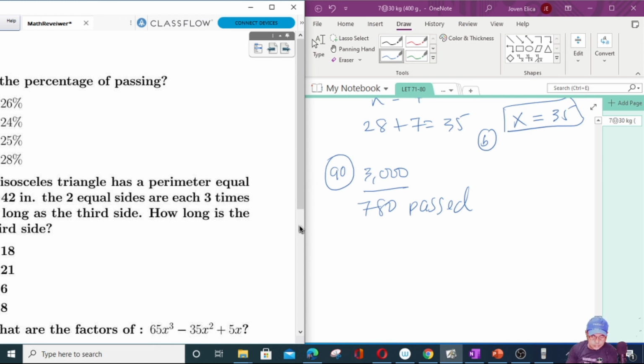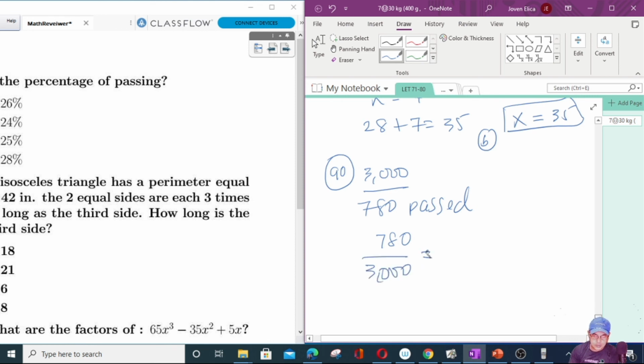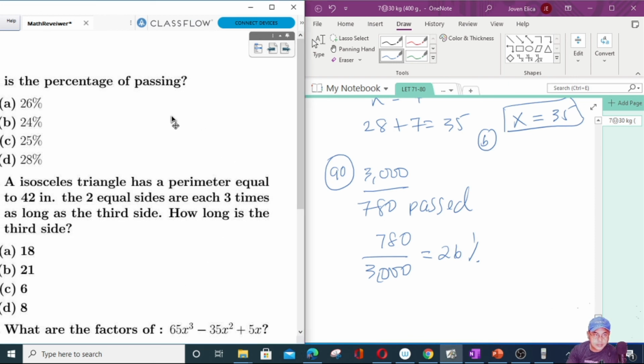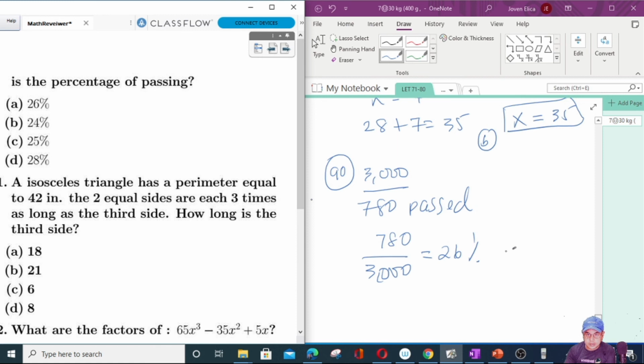We just need to divide 780 by 3,000. Very simple. This is equal to 26%. Letter A. Okay, so letter A is the answer.